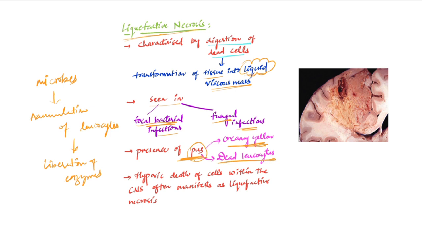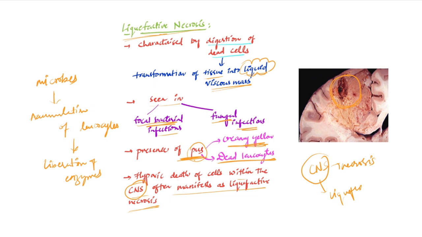Hypoxic death of cells within the CNS often manifests as liquefactive necrosis. So here what I am telling you is that whatever CNS related necrosis is present will be mostly liquefactive necrosis. Here you can see an infarct in the brain that is showing the dissolution of the tissue.